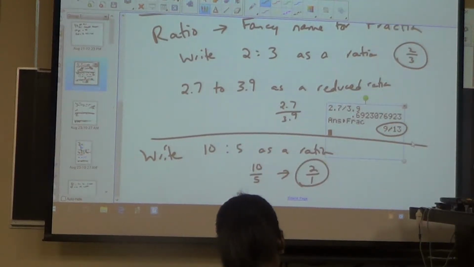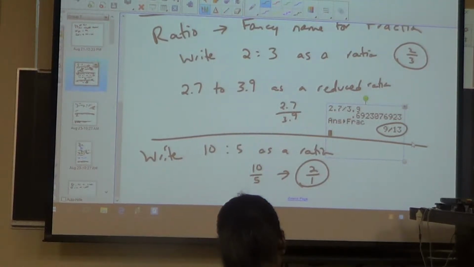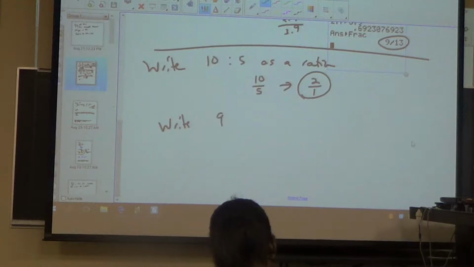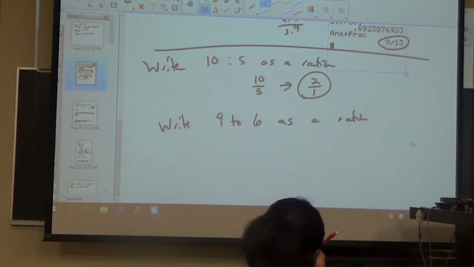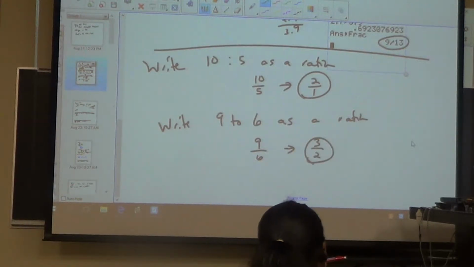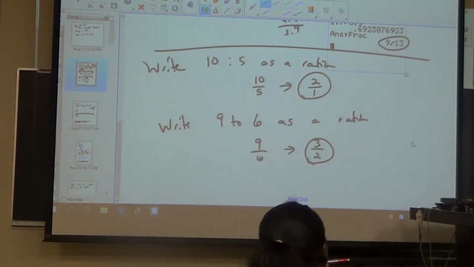It can't be a mixed number, it can't be a whole number. So this is an okay time. So if I had write 9 to 6 as a ratio, that would be 9 over 6, which becomes 3 over 2. Ratios are not mixed numbers, ratios are not whole numbers, ratios are fractions only.